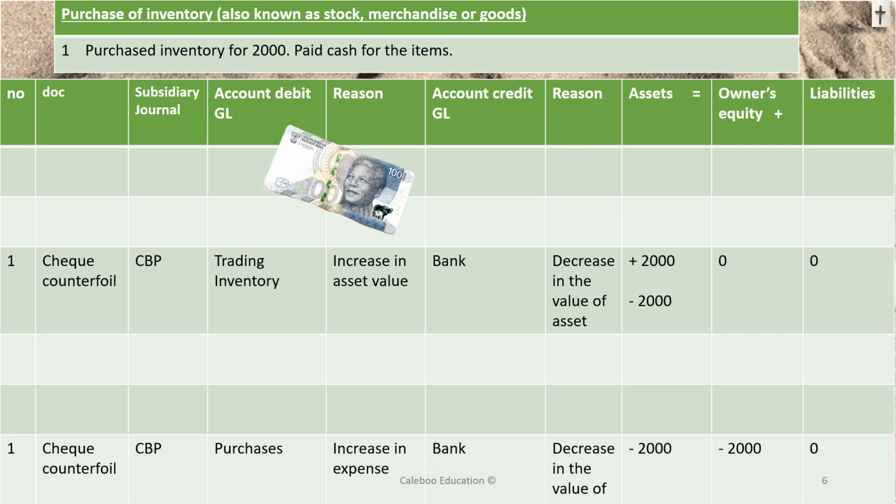On this slide, I demonstrate the effect on the accounting equation of both the perpetual and the periodic inventory system.